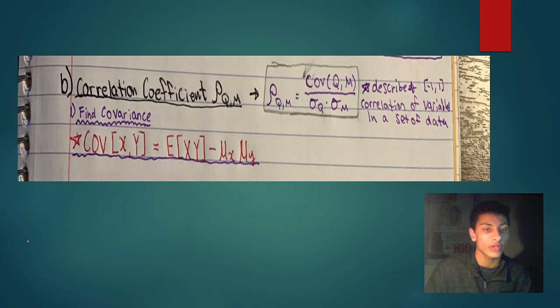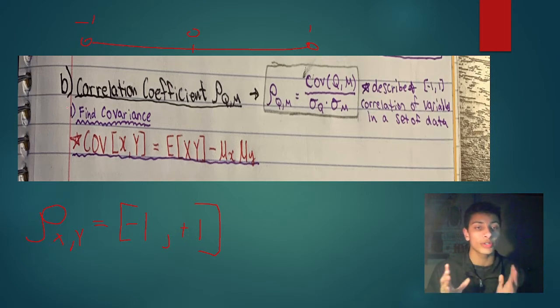So this correlation coefficient, which we are going to be calling rho, of let's say x and y, just for example, can span between -1 and +1. So if we were going to look at our correlation coefficient on a graph such as this, where we have 0, 1, and -1, how can we describe how well related two variables are in a set of data?